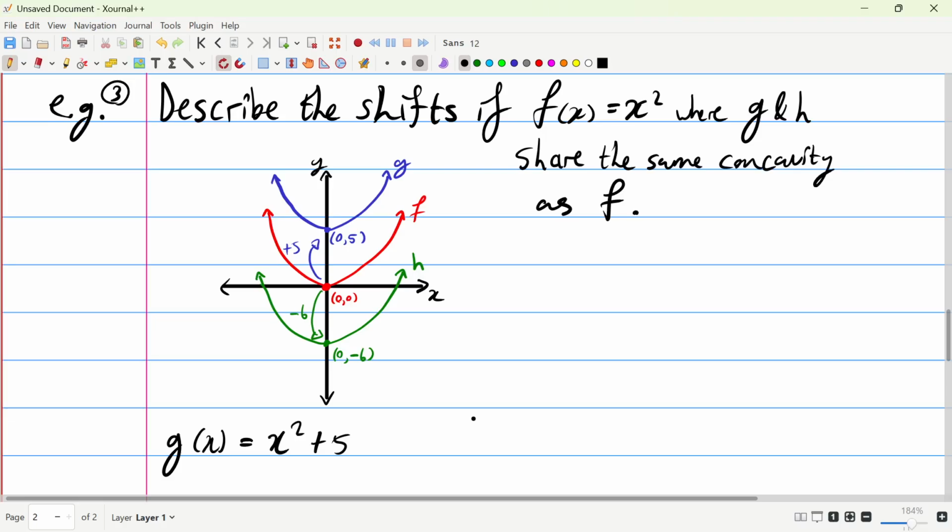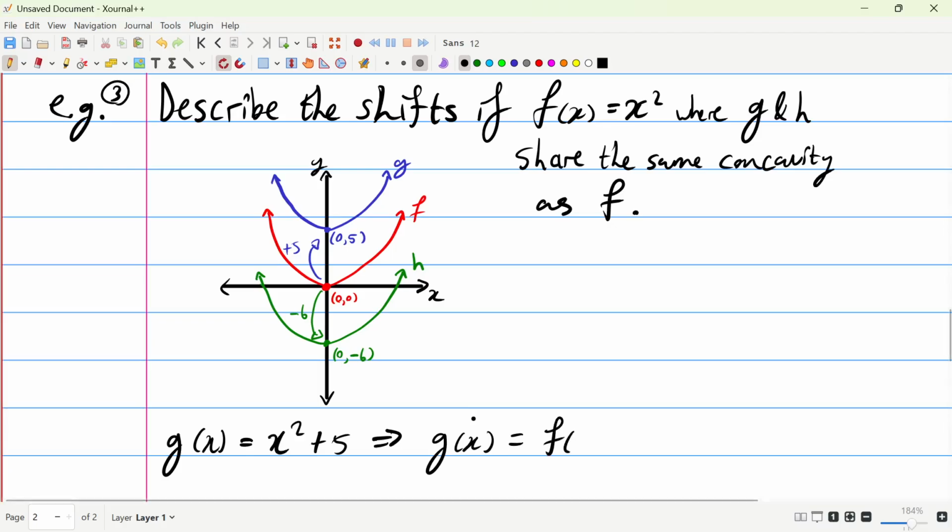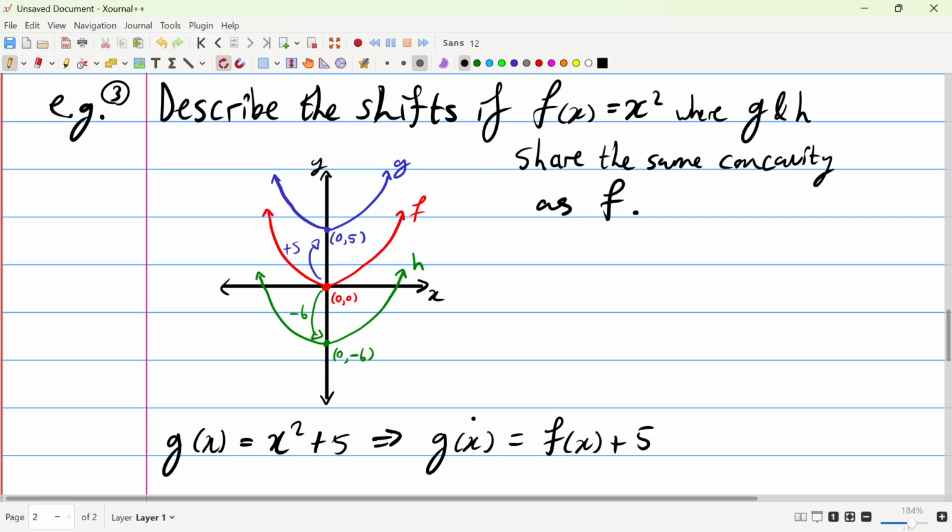So g of x is equal to x squared plus 5, but notice that x squared is the same as f of x. So this implies that g of x is where f of x is added by 5. We're shifting the function by 5 units.